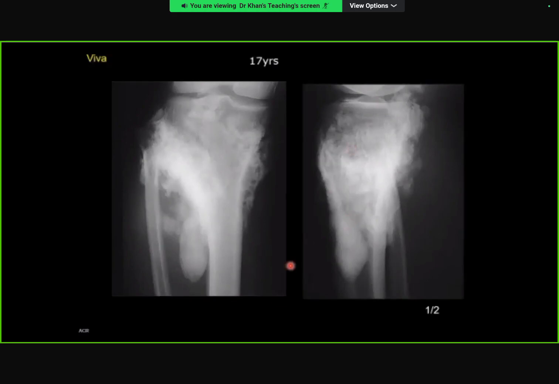I wonder whether this is chondroid or osseous in nature. But other factors that I'm evaluating include the zone of transition, which is wide. There's evidence of a soft tissue component. So this looks like an aggressive lesion, most likely an osteosarcoma.